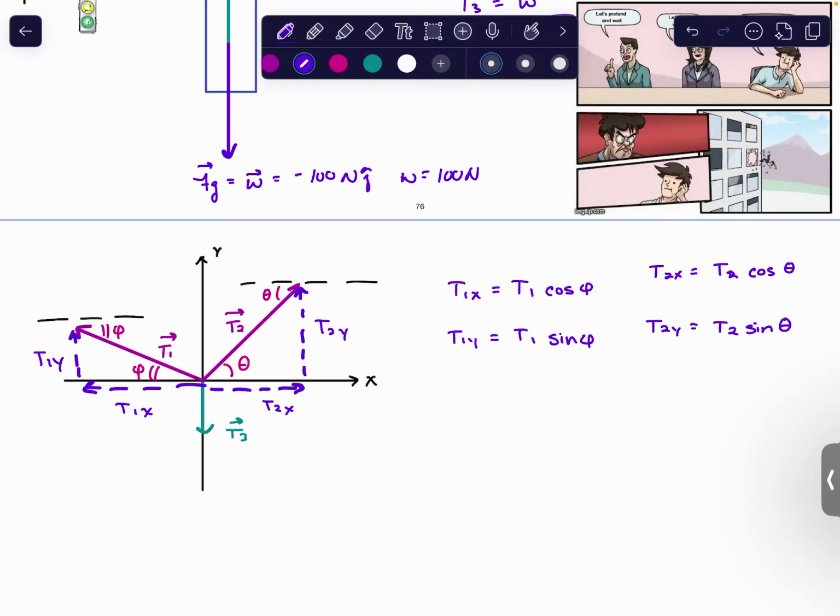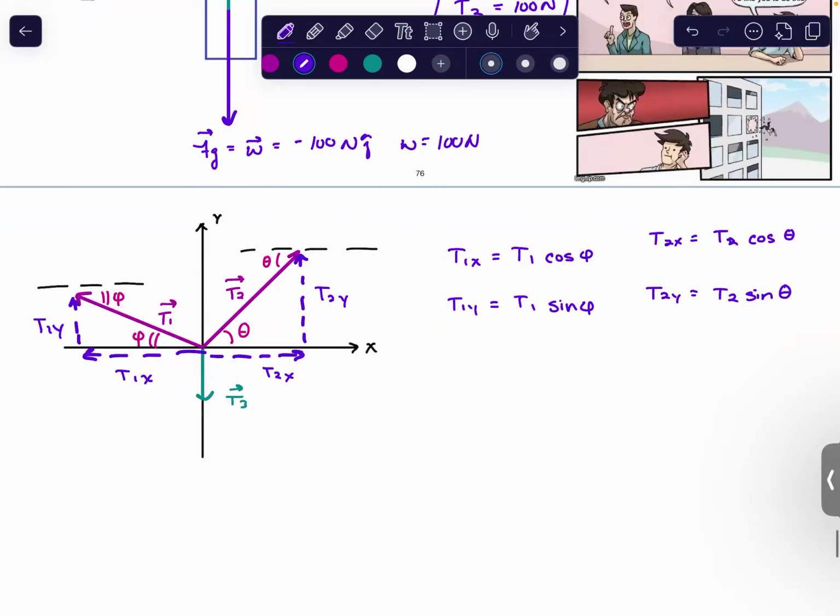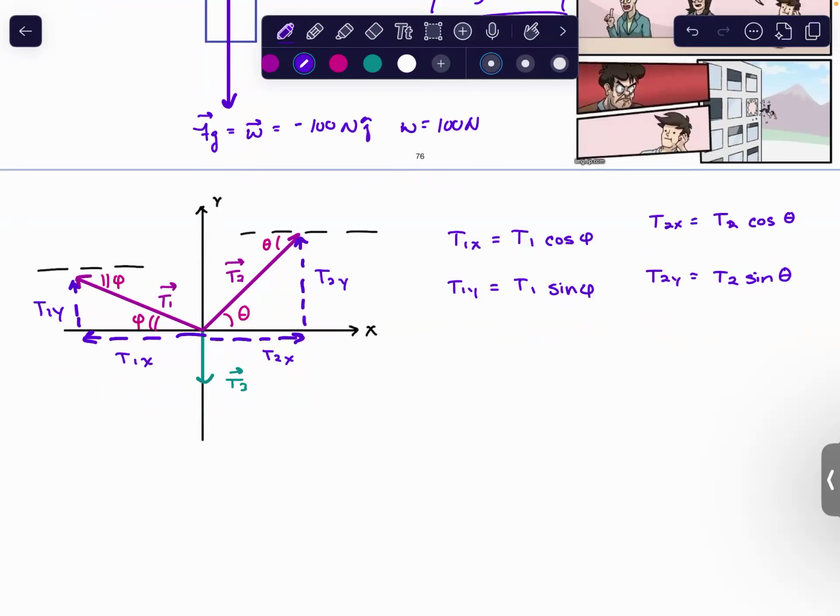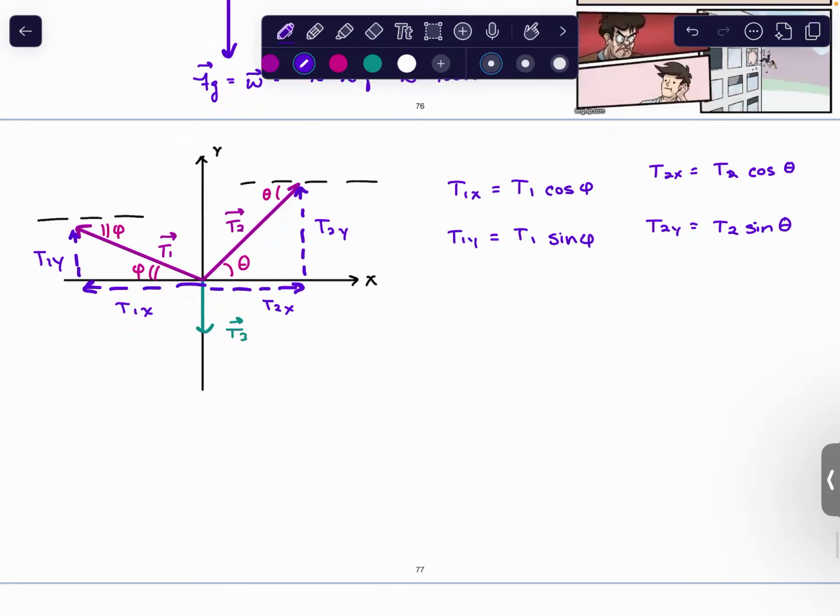So like we talked about last time, we have a linear system of equations, so we need at least two equations to solve for the two unknowns. So what I'm gonna start with, sum of forces in x, that's gonna give me T1x plus T2x equals 0.